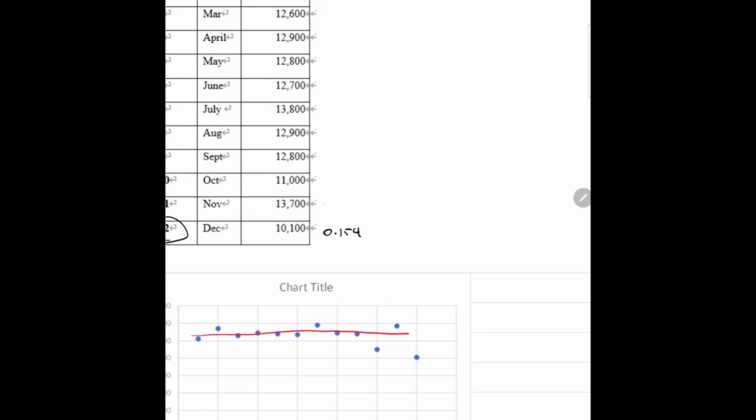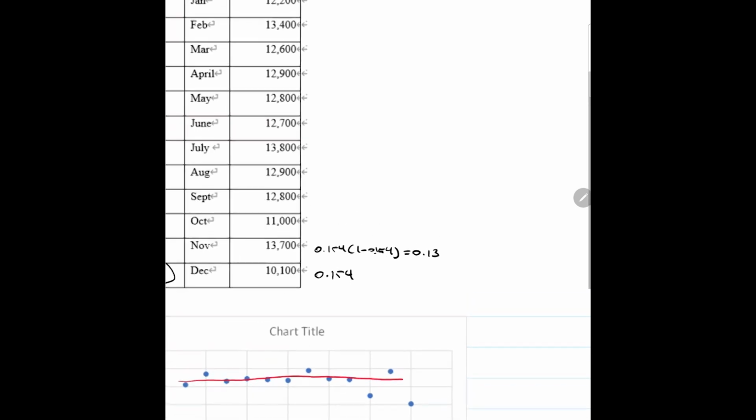So this one will be 0.13. If we calculate the other ones, it comes out as 0.11.